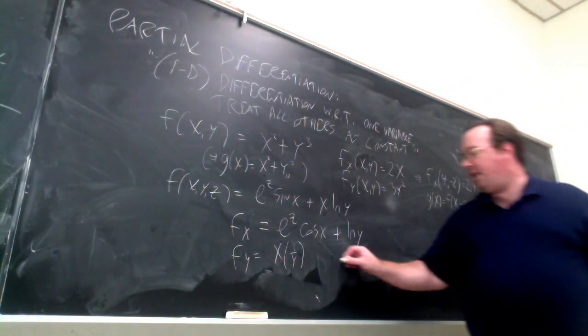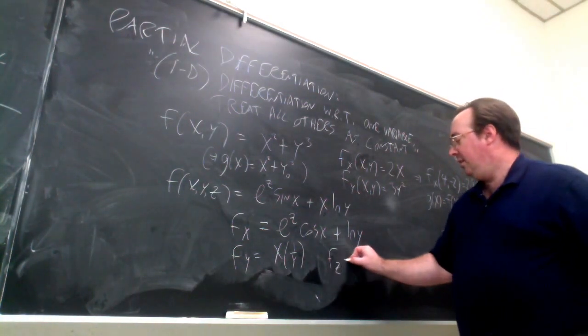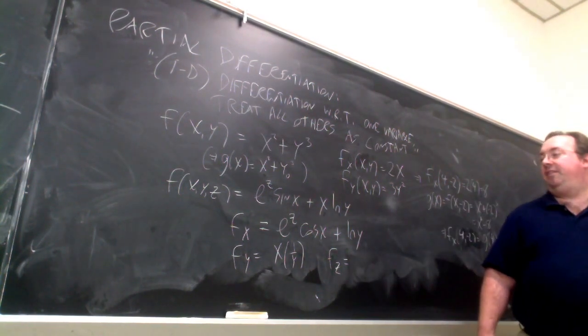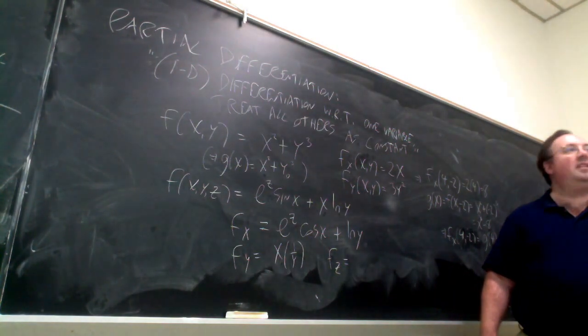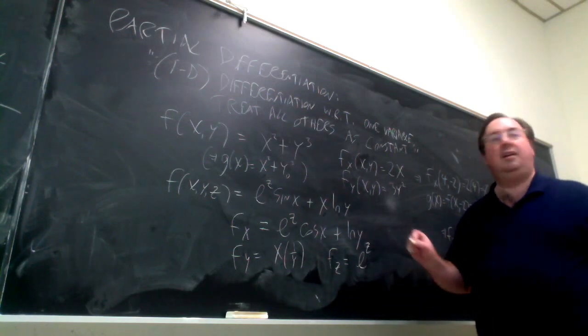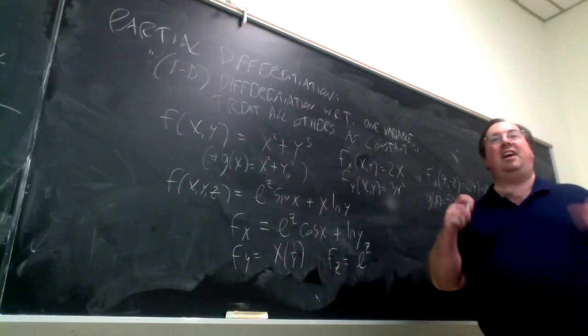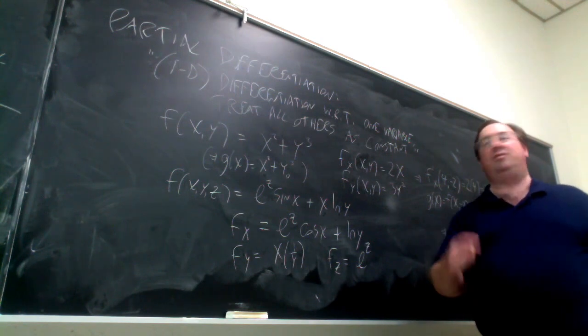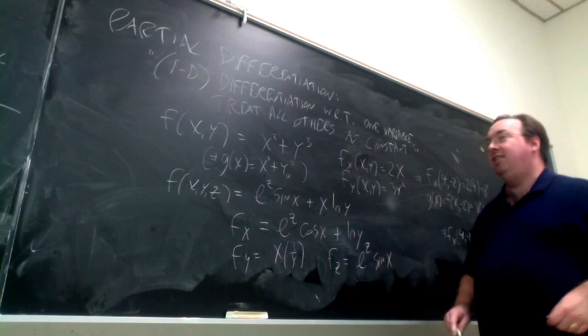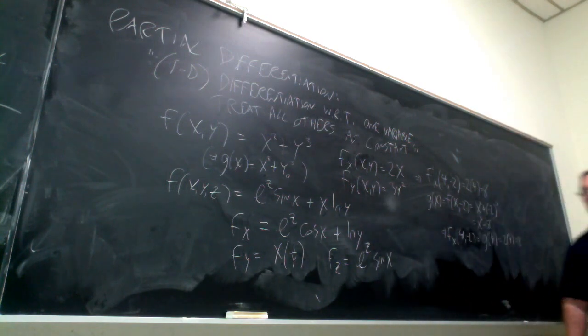Okay, and finally, what about df dz? You have e to the z times sine x. X is a constant, therefore sine x is also a constant. That's multiplying it, so it hangs around.